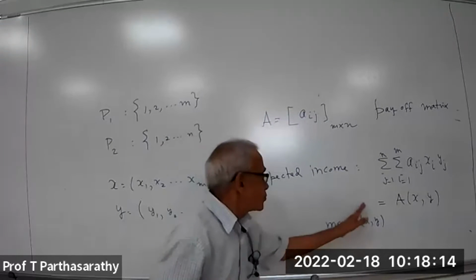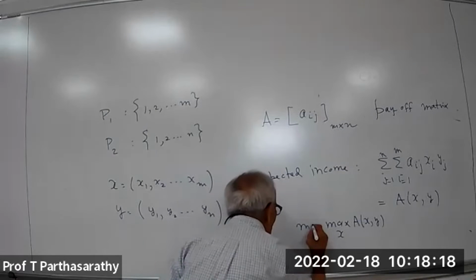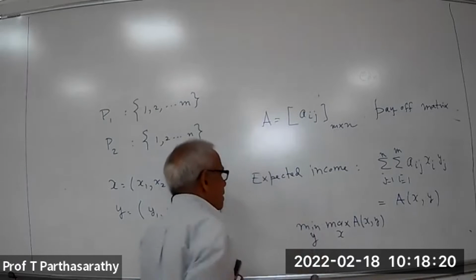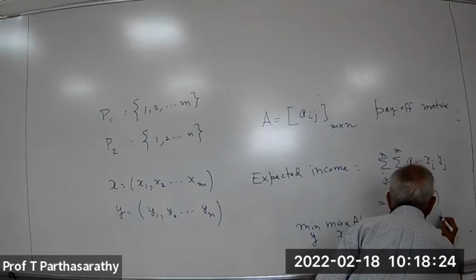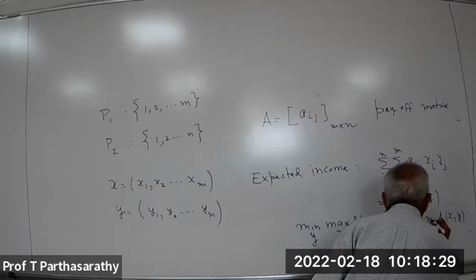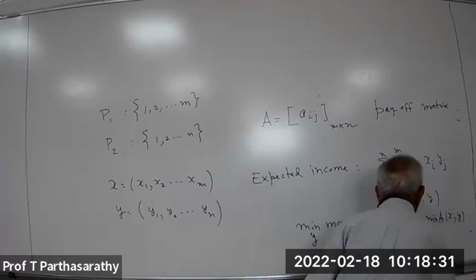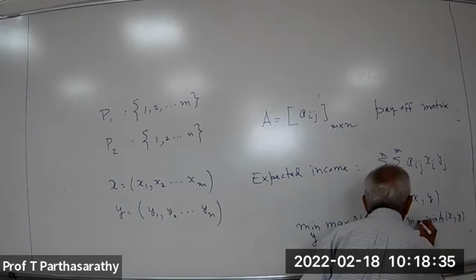And player 2 wants to minimize this. So, minimax. Or you can also view it this way. Suppose player 2 knows that player 1 is playing x, and he chooses that y which minimizes this. And then player 1 maximizes this.